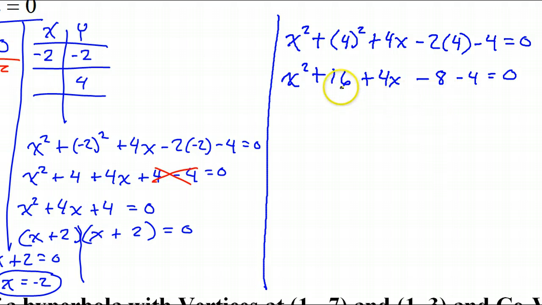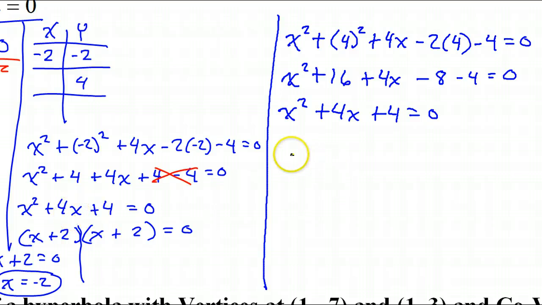Combining like terms, 16 minus 8 is 8. 8 minus 4 is 4. So I'm going to have x squared plus 4x plus 4 equals 0.